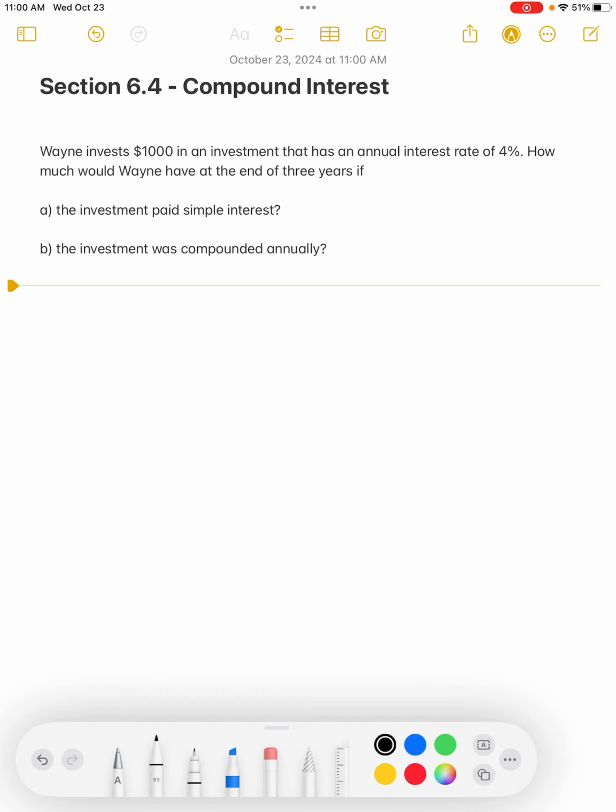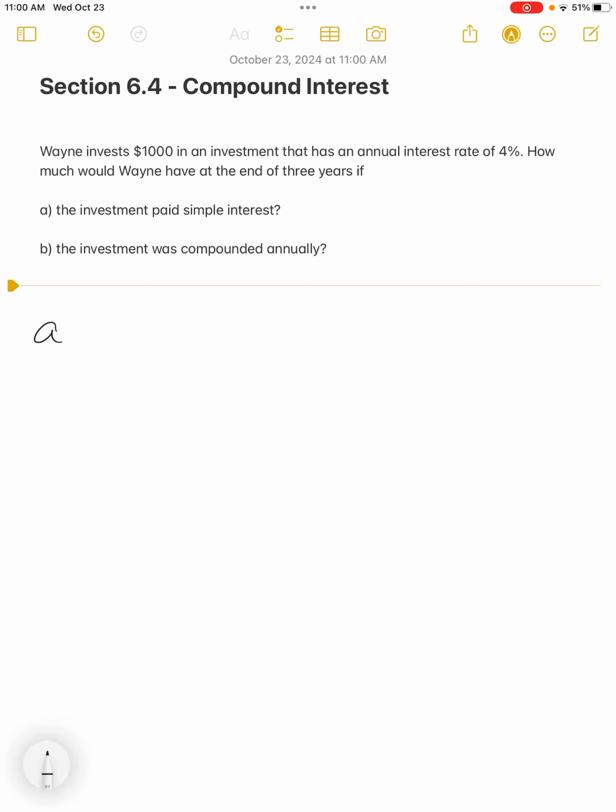So I'm going to invest $1,000 at an annual interest rate of 4%. How much would I have at the end of 3 years if A, the investment paid simple interest? Okay, and we have a simple interest formula, right? But I don't want to go through that formula. I want to do exactly what I was doing before.